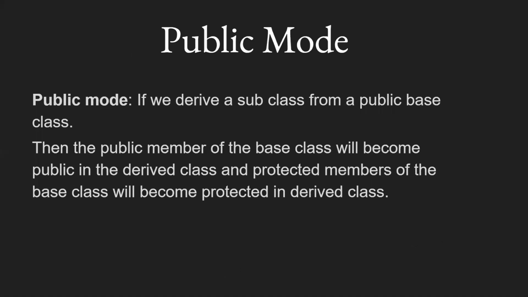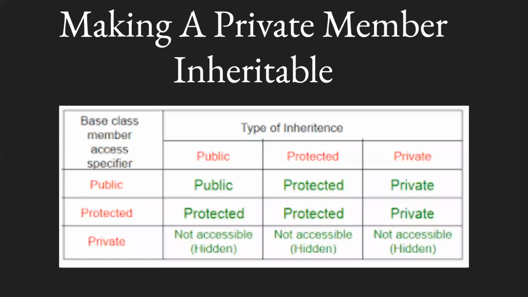Last is public mode. If we derive a subclass from a public base class, then the public members of the base class will become public in the derived class and protected members of the base class will become protected in the derived class.